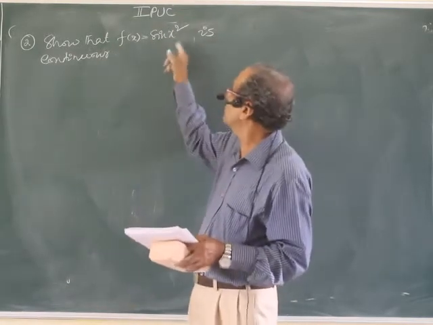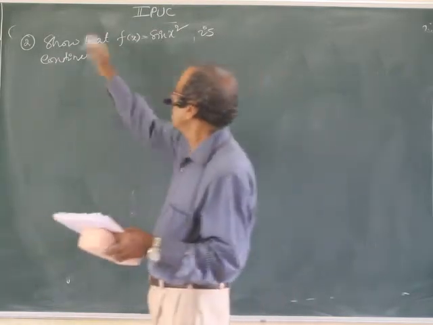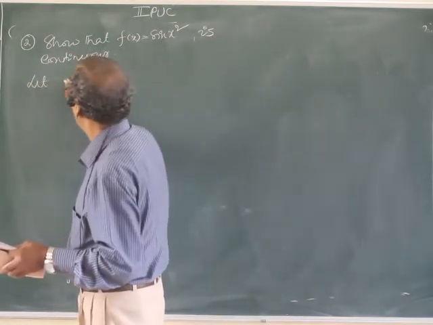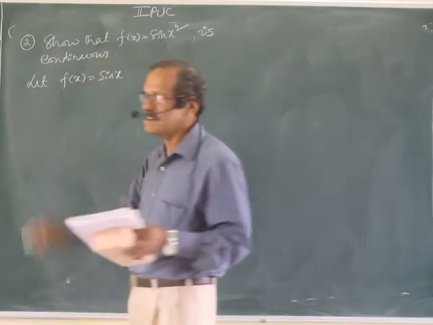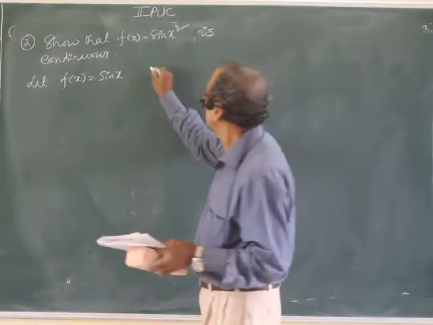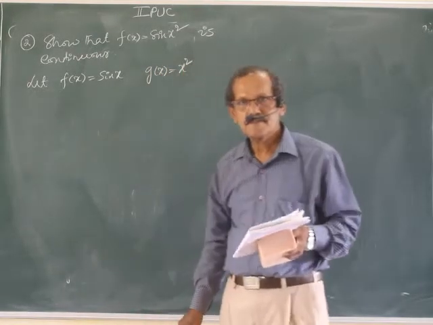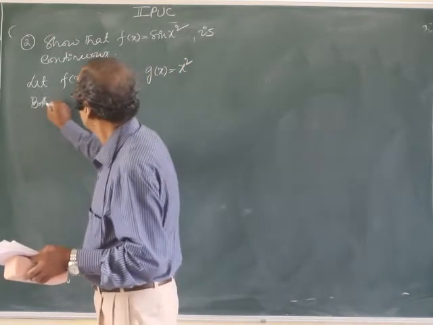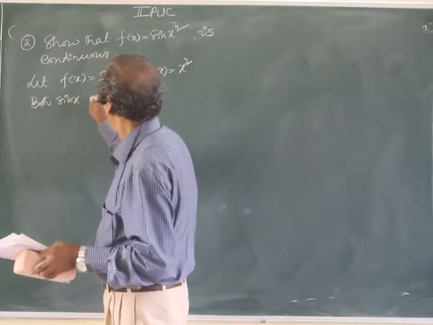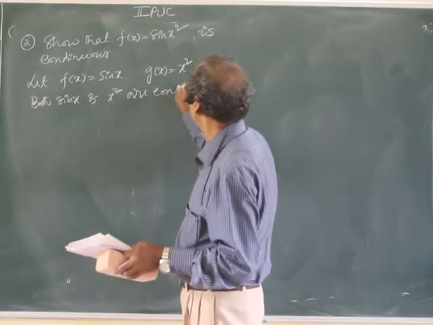Actually, it is a combination of two functions, the sin function and the x square function. Anyway, let me define it like this. Let f of x equal to sin x, g of x equal to x square. Both sin x and x square are continuous. Why?